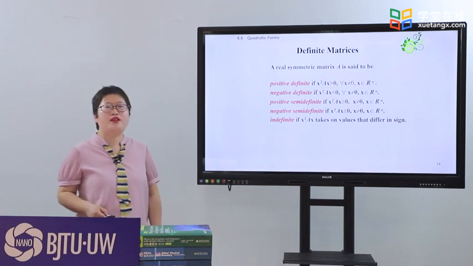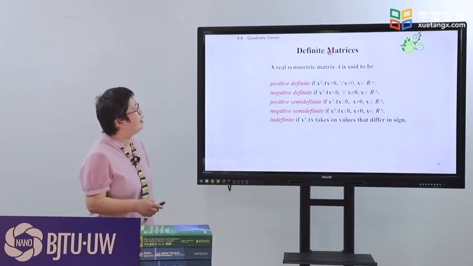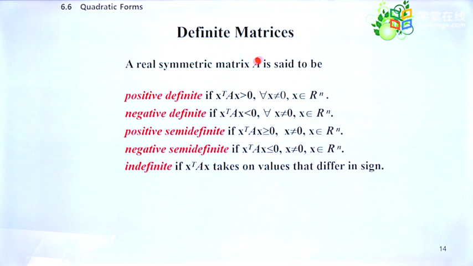And for definite matrices, this is an important type of matrices. A real symmetric matrix A is said to be positive definite if x transpose A times x is greater than 0 for any non-zero vector in Rn. It is negative definite if x transpose times A times x is smaller than 0 for any non-zero vector x in Rn.